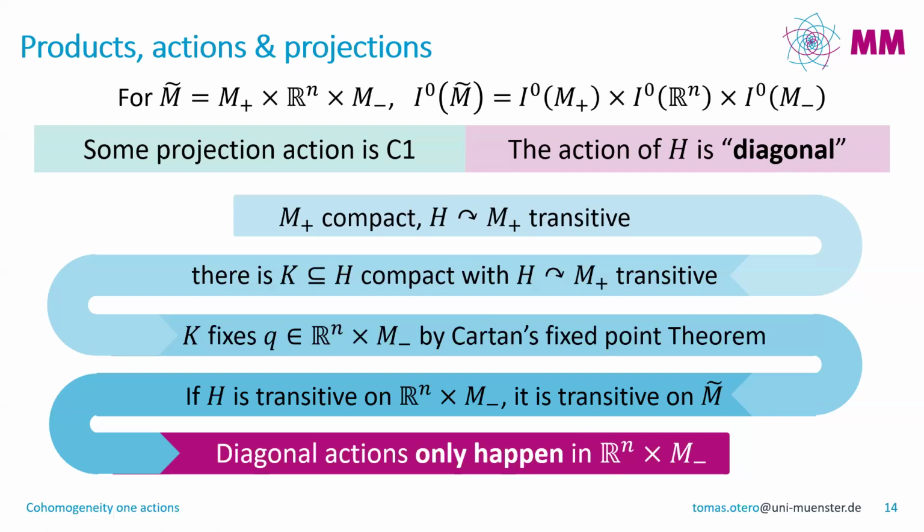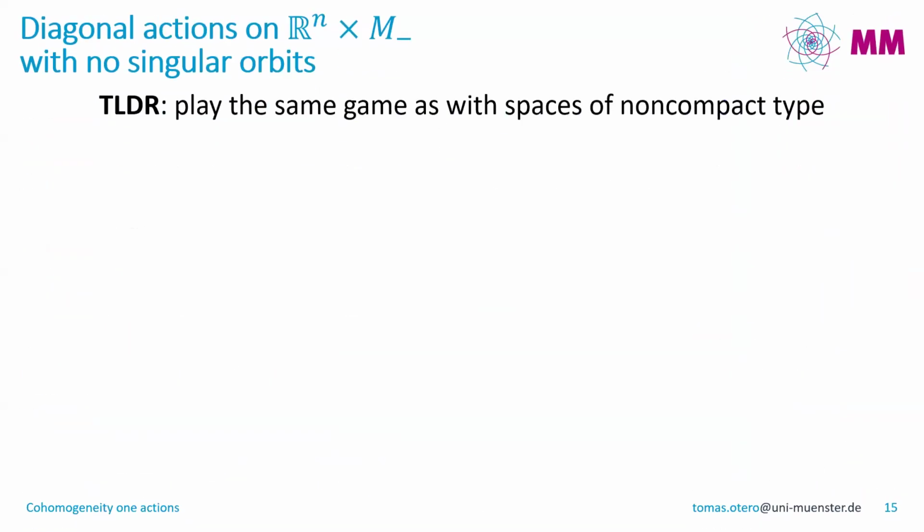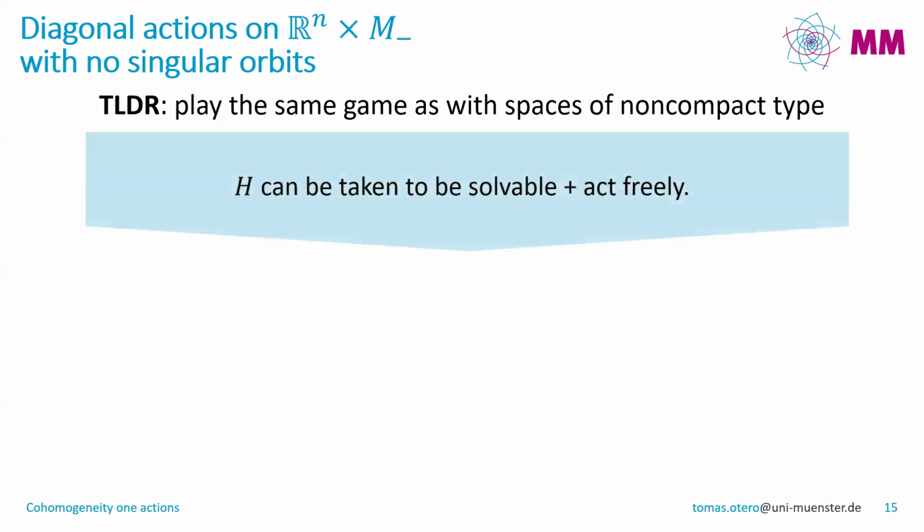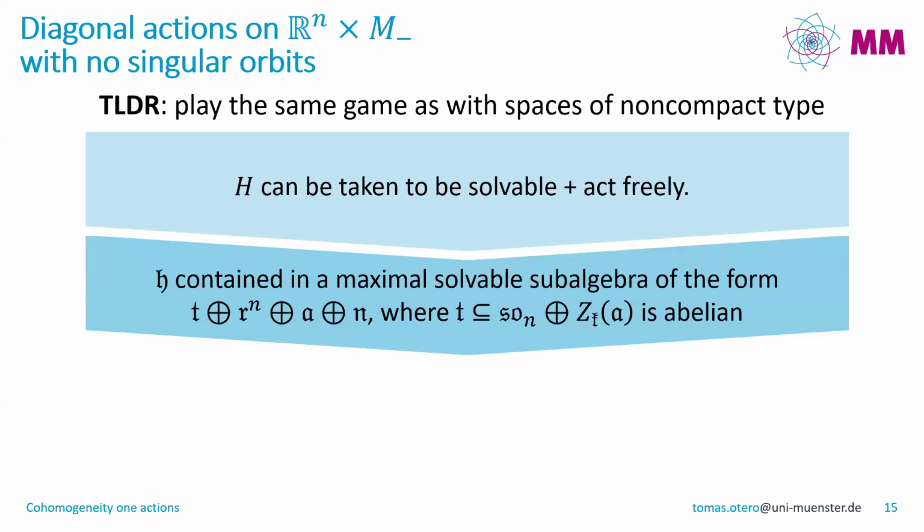So one can play the same tricks or the same game as we did with symmetric spaces of non-compact type, but this time for actions on Rn times M minus. So for example, if we have an action with no singular orbits, we do the same argument as before. H can be taken to be solvable and act freely.